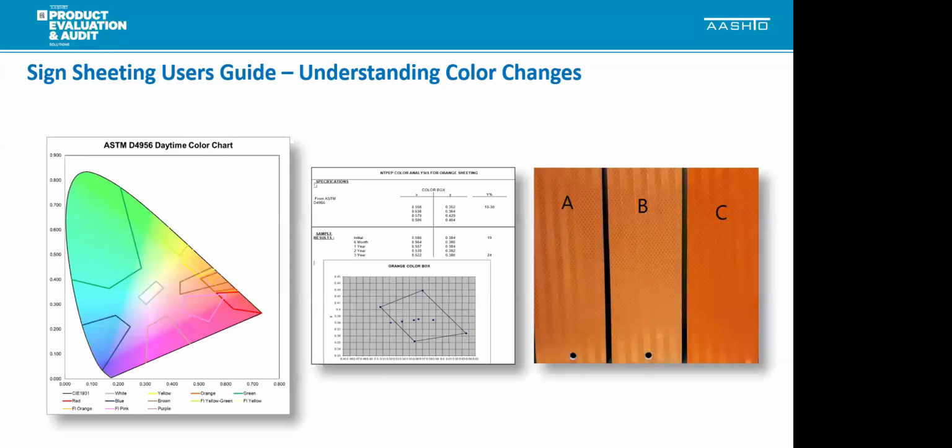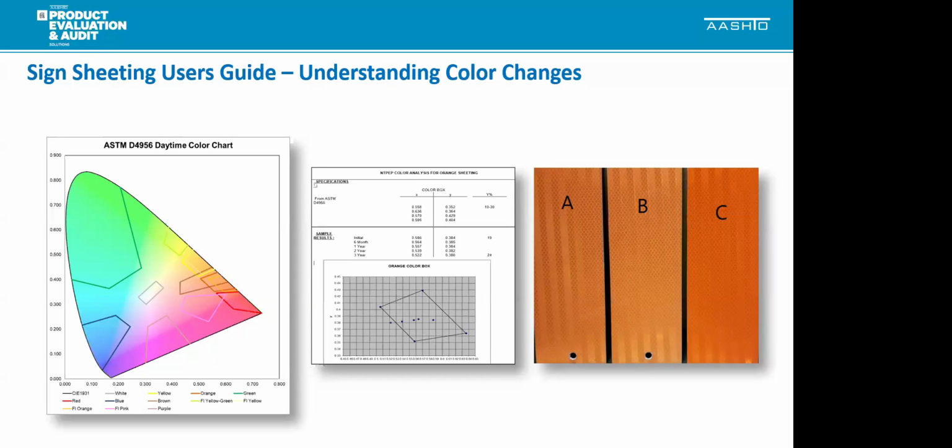Just another good diagram from the user's guide. When we talk about color, we have to graph our colors on an XY coordinate, and so there are many different boxes that you can see on the left of the CIE diagram, the color diagram, and there are different boxes or acceptable box areas that the sign color needs to fit into in order for it to meet the ASTM specification for color.